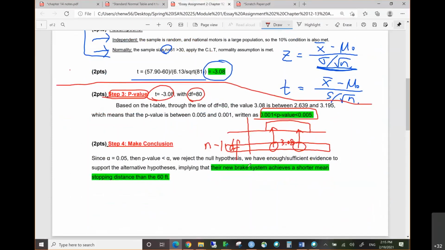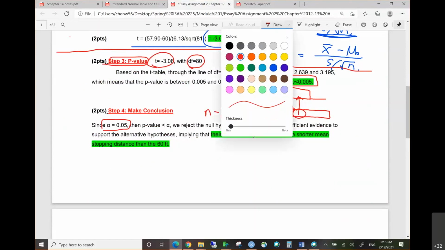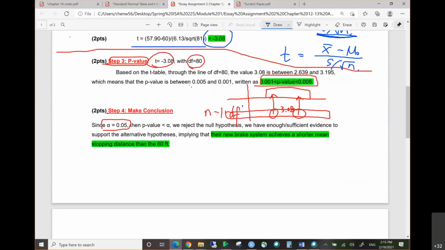So only when you have the p-value, you can compare with alpha, the given significance level alpha, so that you can make the conclusion. Right here, again, if you just stop here and give me the conclusion, say, okay, p-value is less than alpha, we reject the null hypothesis, no credits, right?